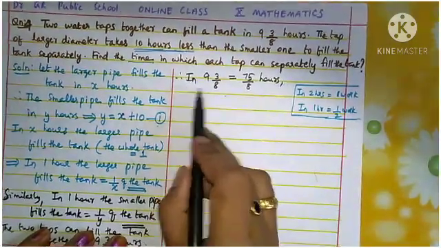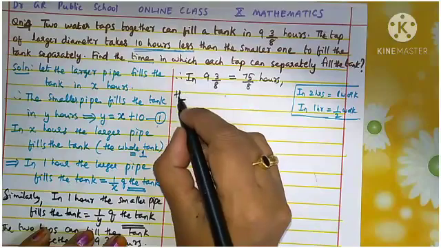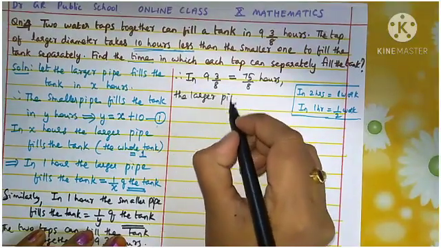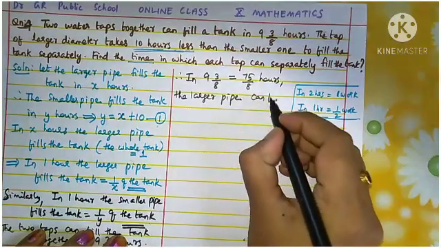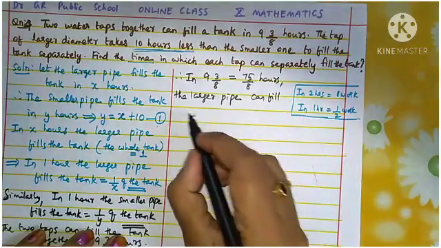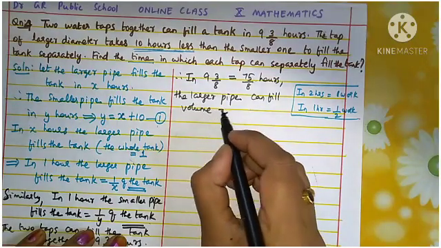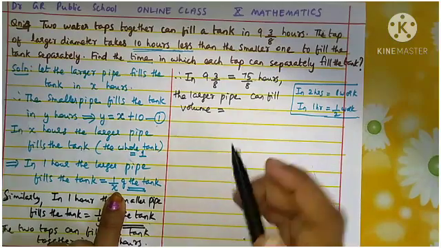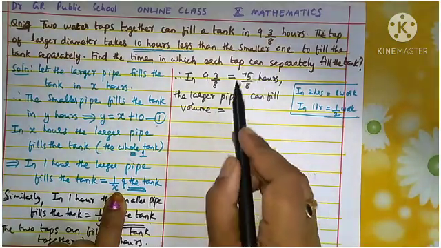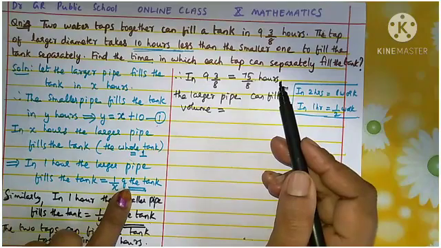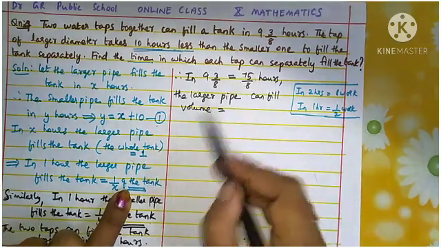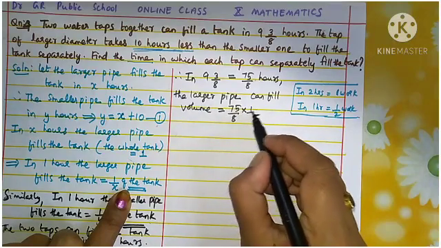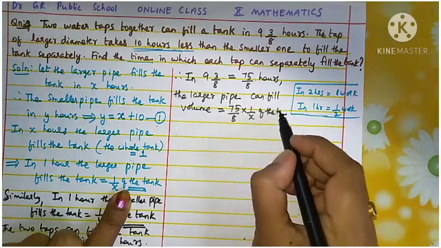Okay, so in this time the larger pipe can fill volume equal to how many? In 1 hour it can fill 1 by x, so in these 75/8 hours you want to multiply. That is 75/8 into 1 by x of the tank.